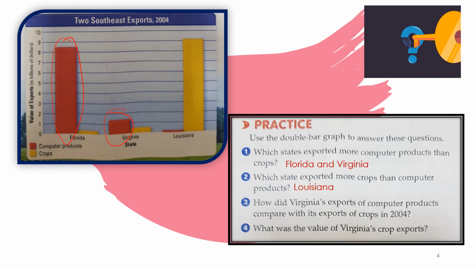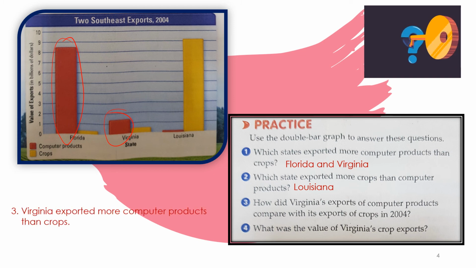Let's see. You can say that Virginia exported more computer products than crops. You can find it easily, class, by the height difference of the two exports.